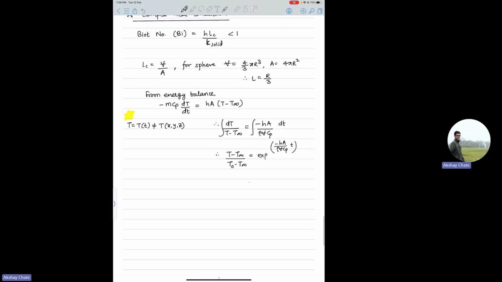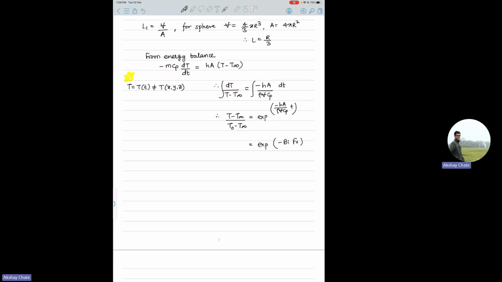Note that this is again equal to exponential of minus Biot number times Fourier number. We know the Biot number as hL by k, and the Fourier number, which is also called relative time, is nothing but alpha t by Lc squared.